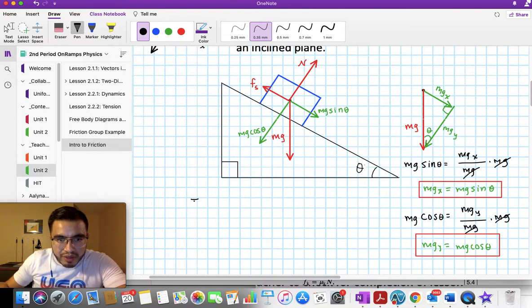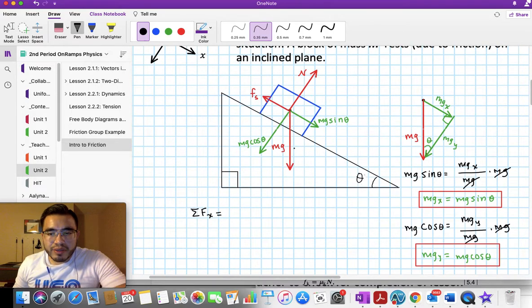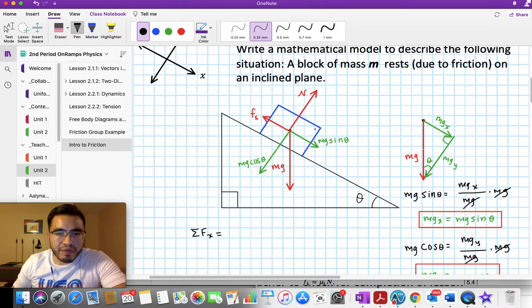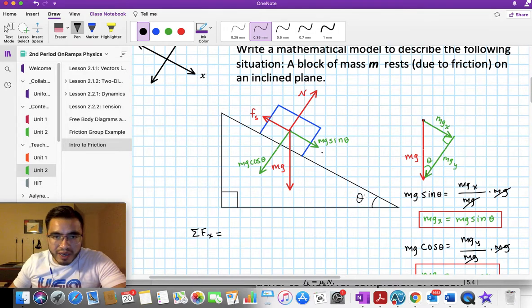So in the summation of forces, this is sigma, forces along the x, we said that we're going to make the direction of motion positive. In this case, I know it's not moving, but let's say if it was frictionless, or the friction was very small, then it would slide down in this direction along mg sine theta. So we're going to make that one positive because that's the direction of motion if it were to be moving.